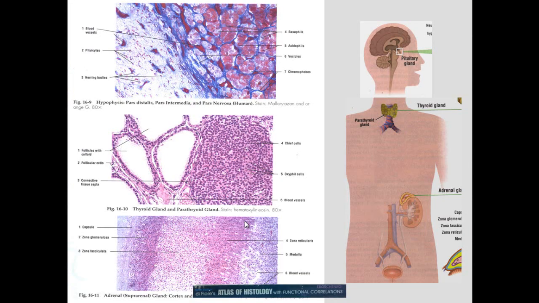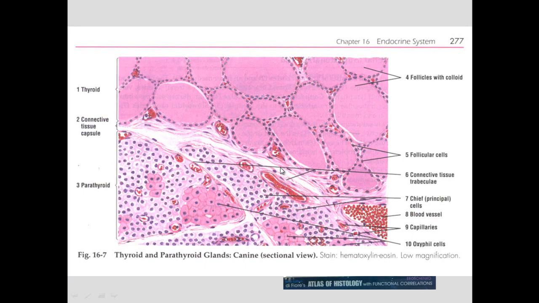So here we see the pars distalis, the thyroid hormone, and the adrenal are the ones that we've looked at so far, and we can see the pituitary is up here, the thyroid and the adrenal. Also, the parathyroid hormone comes from the parathyroid, which are embedded in the thyroid. There's two sets of cells. We've got the chief cells, and you have the oxyphils.